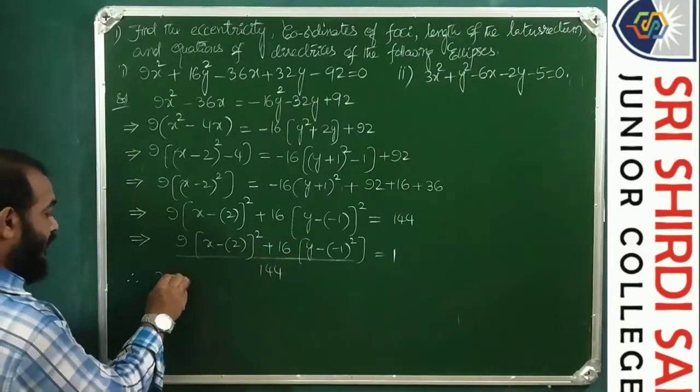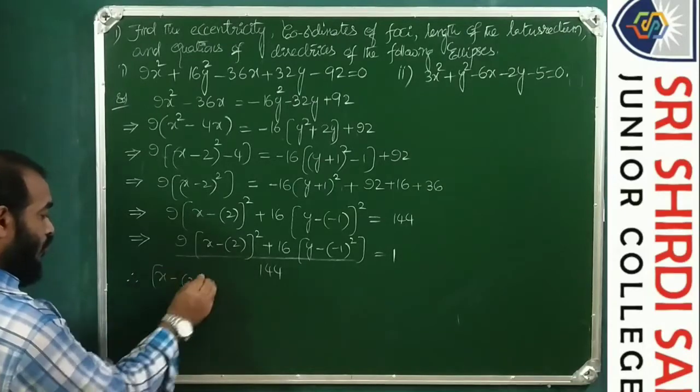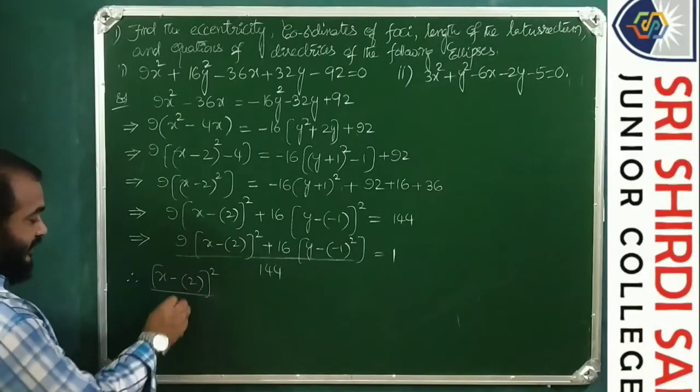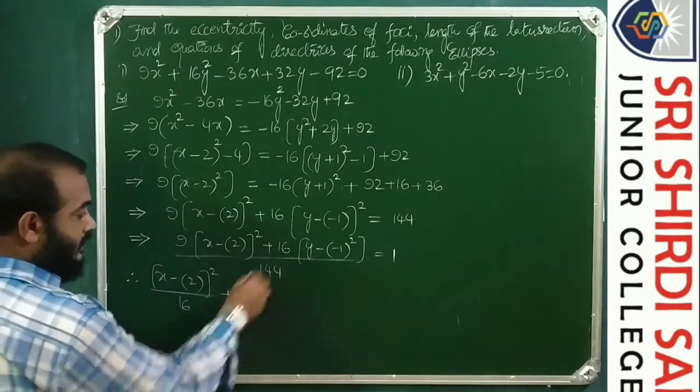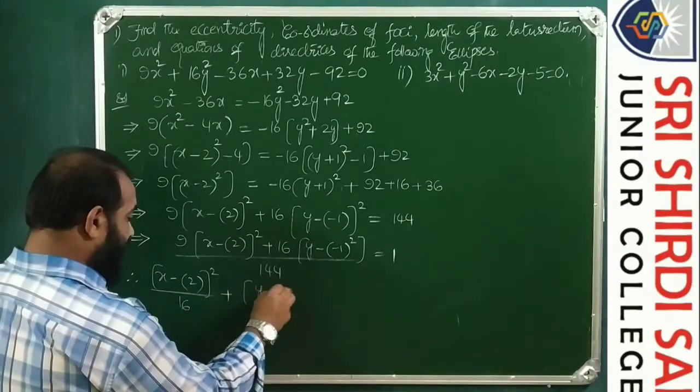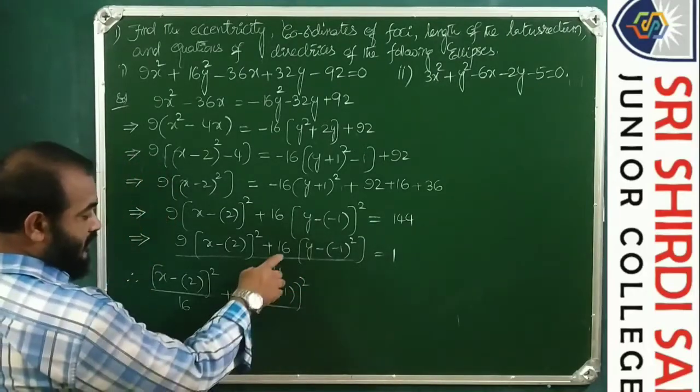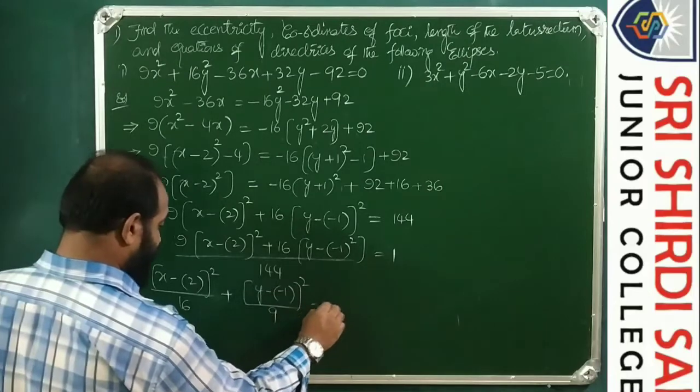This is (x − 2)²/16, since 144 by 9 is 16, plus (y − (−1))²/9, since 144 by 16 is 9, equals 1.